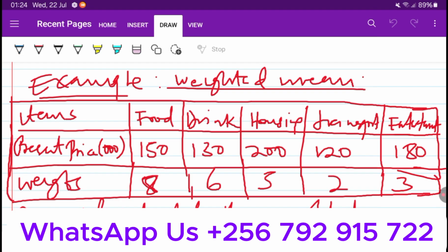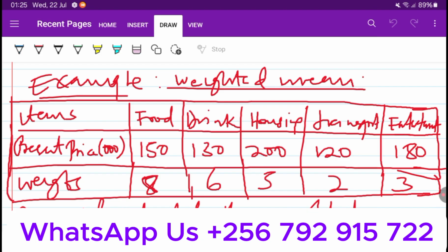So what we need to do is to get the weighted mean by multiplying the price times the weight for food, then we add the product for drink, which is 130 times 6. We add the housing, which is 200 times 5.